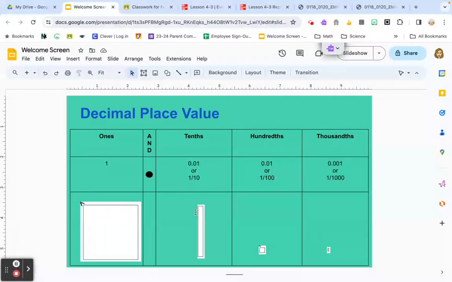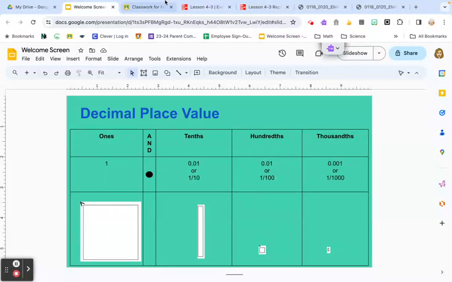And if you recall, we shaded in 4.2 our tenths, our hundredths, and our thousandths. And you also practiced that yesterday in the combo day. So today we are going to shade, but we are also going to be writing our decimal numbers in expanded form, like we did with our whole numbers in Unit 2.